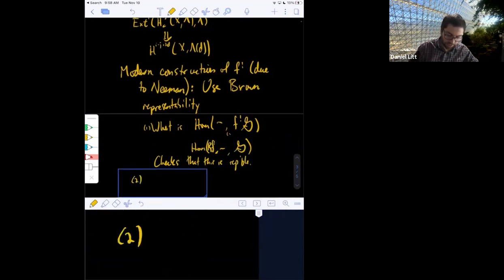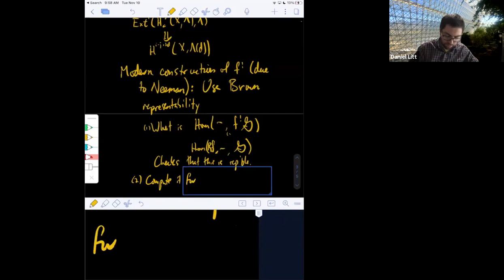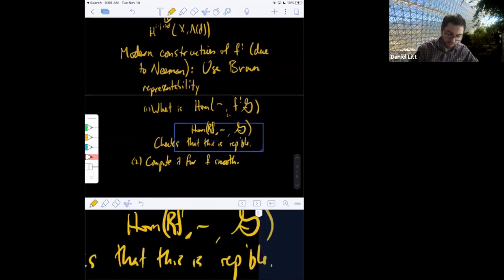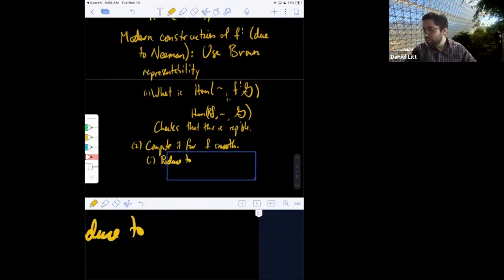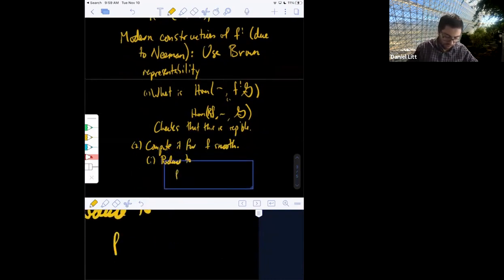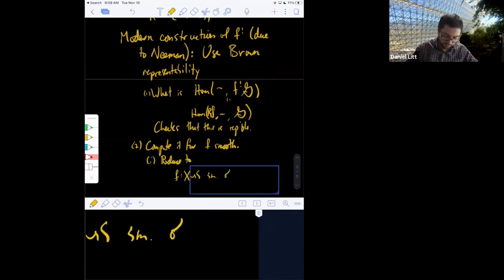And now one just has to compute what it is. So now one has to compute it for F smooth. And the idea is to reduce to the following situation. One reduces to the case where F from X to S is smooth of relative dimension 1.